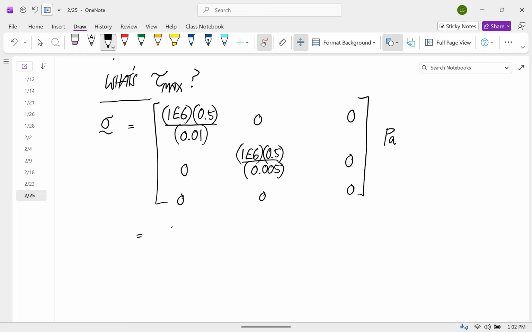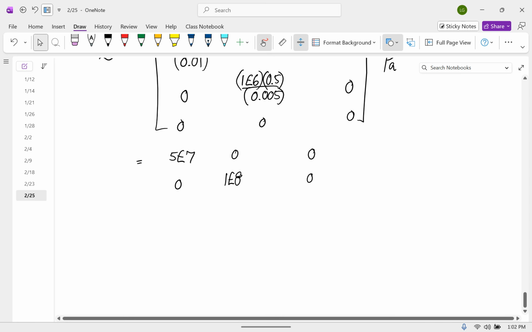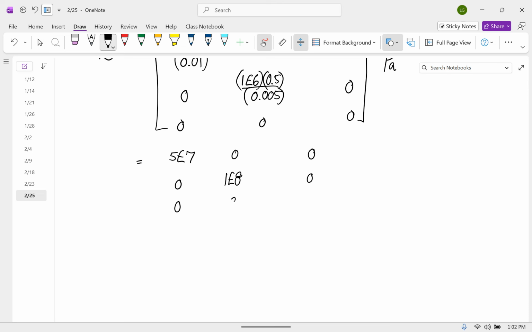And so we get 5 times 10 to the 7, and then 1 times 10 to the 8. When stresses get up into the times 10 to the 8, that's probably pretty bad news for how things are going to go.